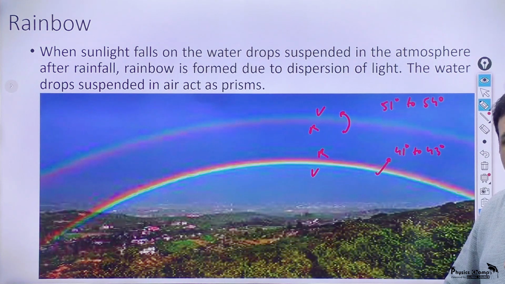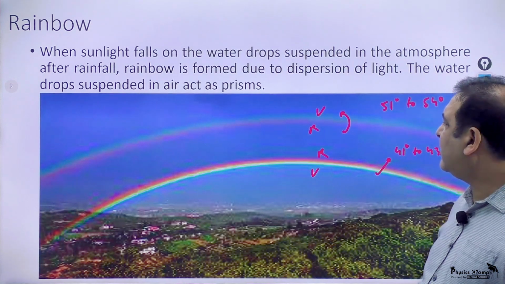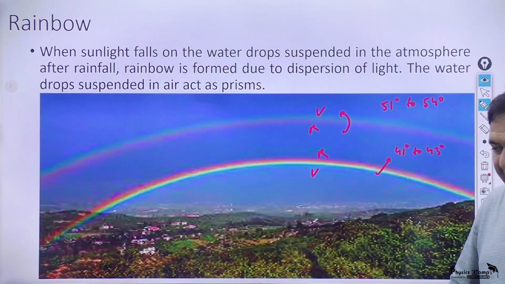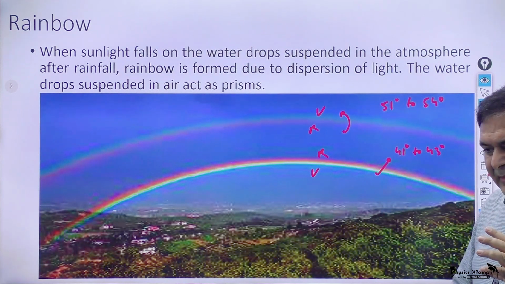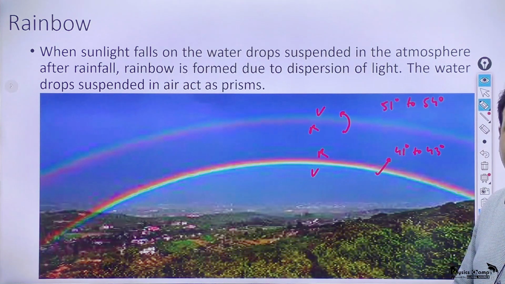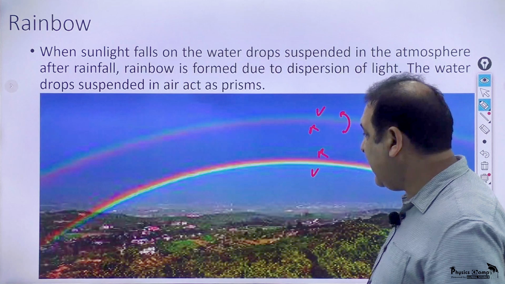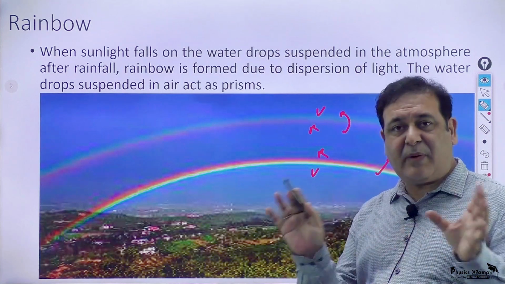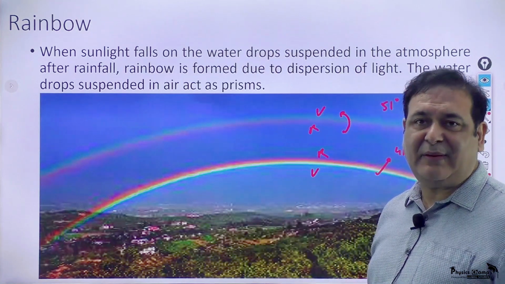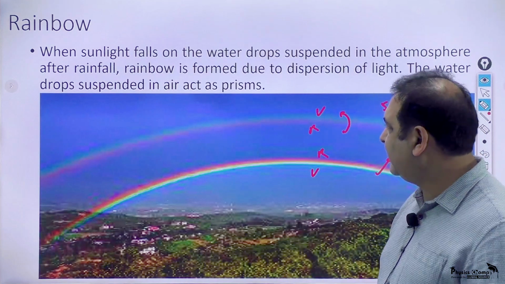Secondary rainbow is slightly above and relatively dim. Sometimes observed, sometimes may not be observed. But primary rainbow is quite prominent, can be observed easily. You all must have observed it.